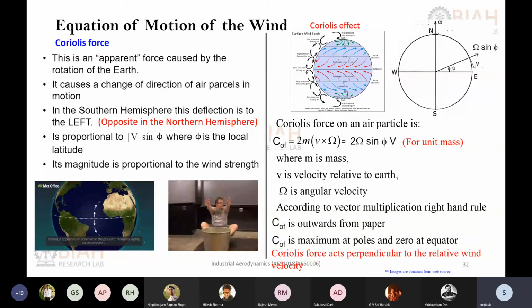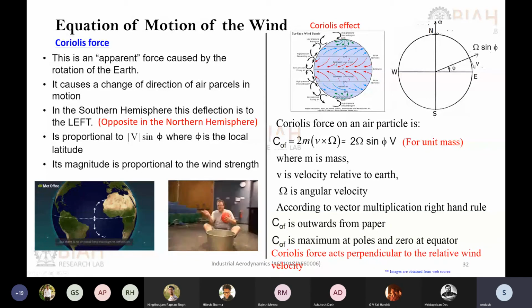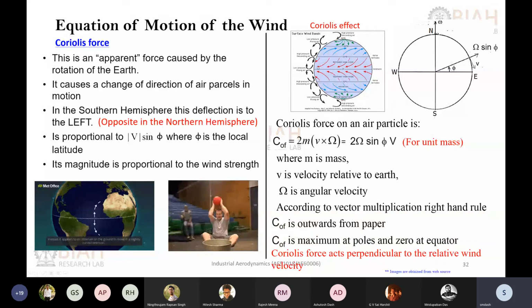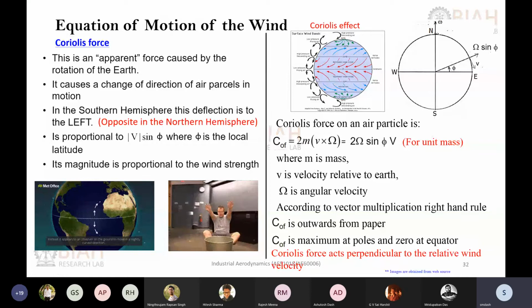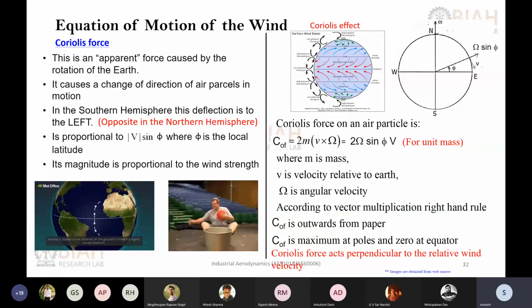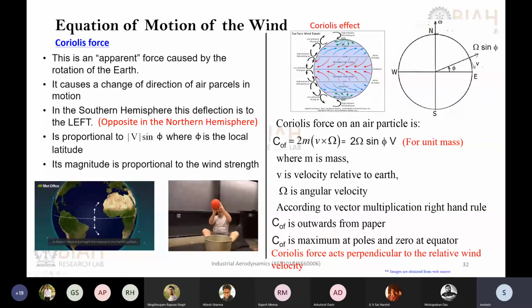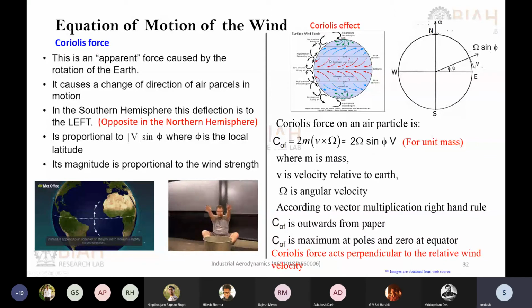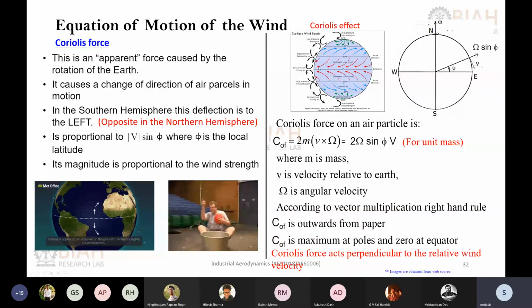There are other effects which also define the curvature of the wind, like the friction effect and the centrifugal effect, but mainly due to the Coriolis effect, these curvatures are defined. So the wind motion is inclined to be directed in this fashion.